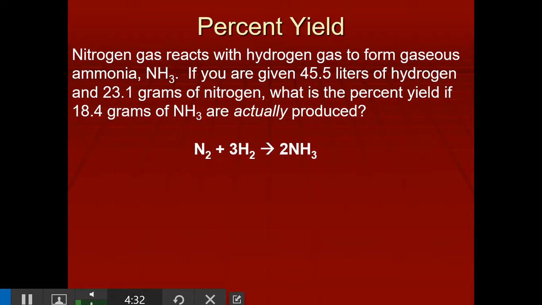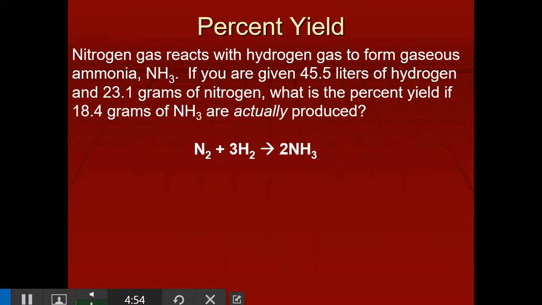And on your limiting reactant notes, we used those two values to figure out which reactant was limiting, okay? And if you go back and look at those notes, we found that hydrogen, H2, was our limiting reactant.